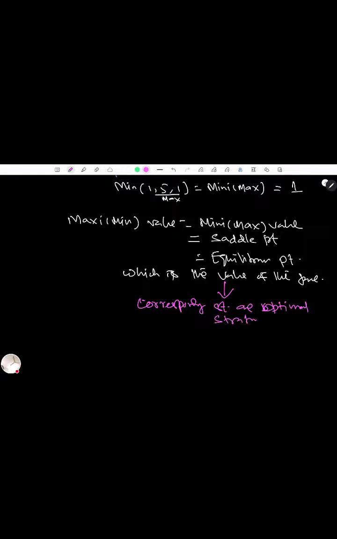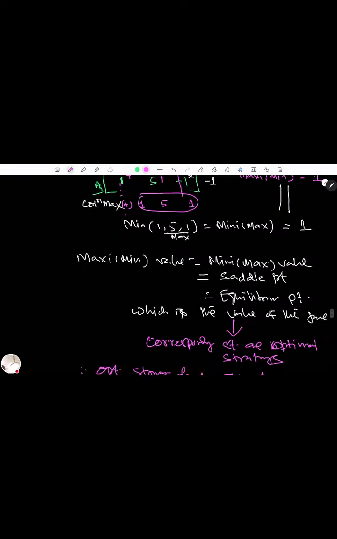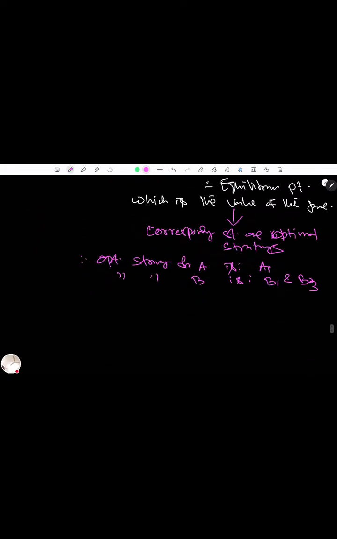Therefore the optimal strategy for A is A1, and the optimal strategy for B is B1 and B3. You see, B1 and B3. So this is the optimal strategy for B.